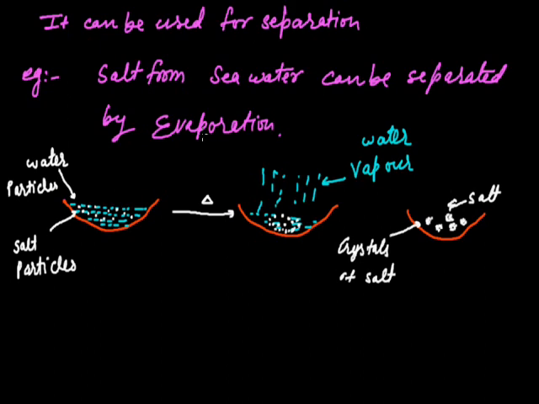This process is known as evaporation, because in this process water converts into water vapor. After evaporation we get crystals of salt. So by this method we can get salt from seawater.